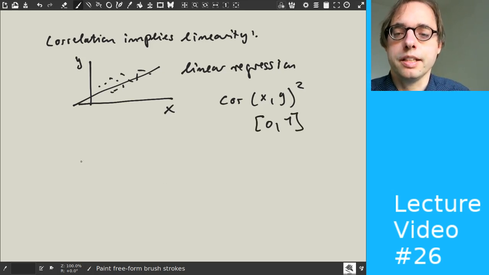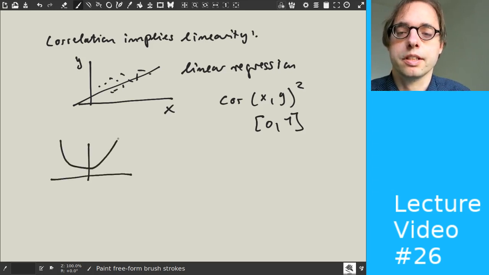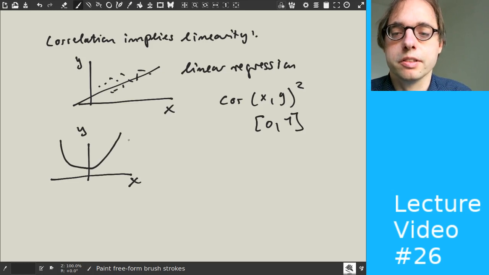So now what happens if we have something like this? Let's say we have a parabola. Again, this is x and this is y, and of course locally it looks like a linear relationship, but overall it's of course not. It's a non-linear relationship.